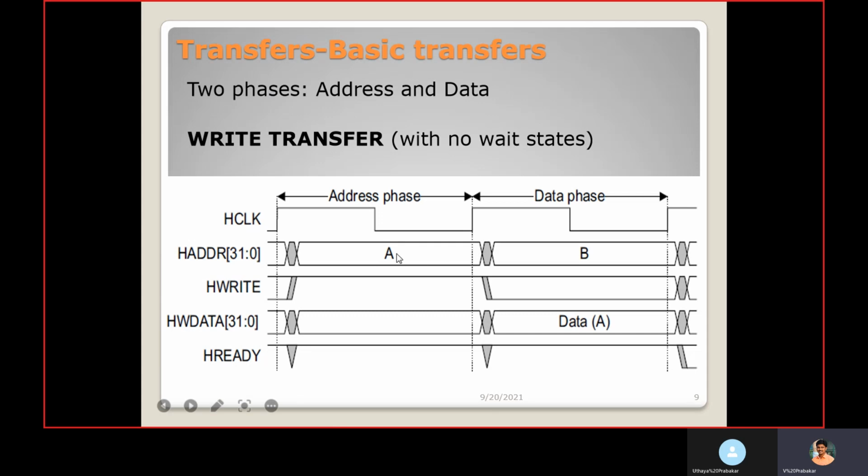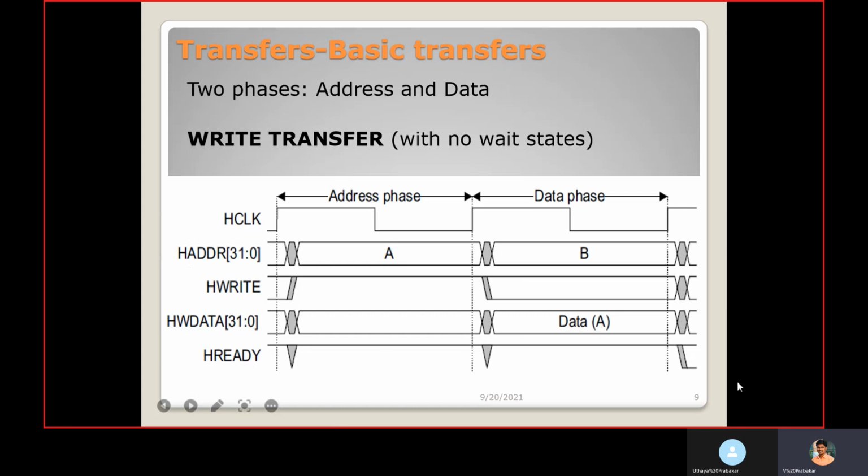First cycle we need to give the address and control signals. Here we are just giving HWRITE. Other control signals also need to be mentioned, but to understand this basic transfer, they only mention HADDR and HWRITE. This we should give at the address phase. Then the next cycle we need to give the data phase.